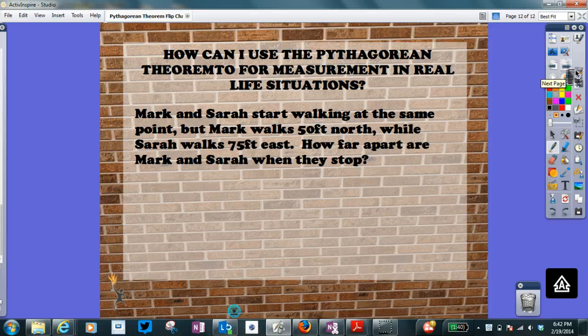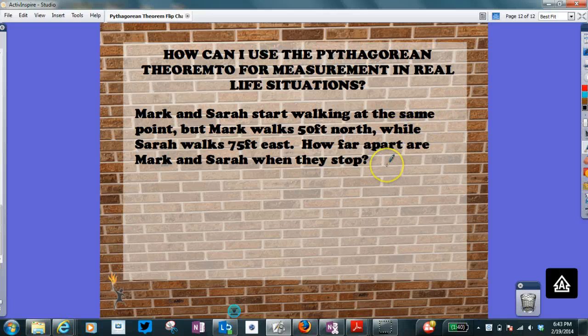All right, as you look at this question, you don't see any triangles, we're applying what we know. How can I use the Pythagorean Theorem for measurement in real life situations? It says Mark and Sarah start walking at the same point, but Mark walks 50 feet north, while Sarah walks 75 feet east. How far apart are Mark and Sarah when they stop? What I want you to do is draw a picture.